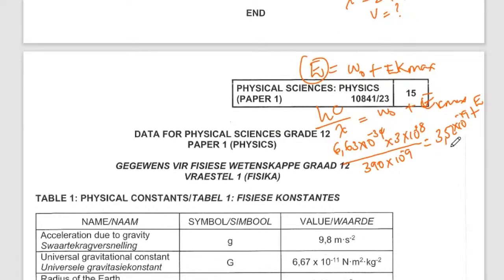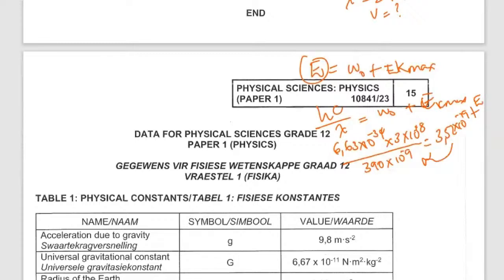So I'm going to move this to the side. I have 6.63 times 10 to the negative 34, multiplied by 3 times 10 to the 8, that's the speed of light, over 390 times 10 to the negative 9.